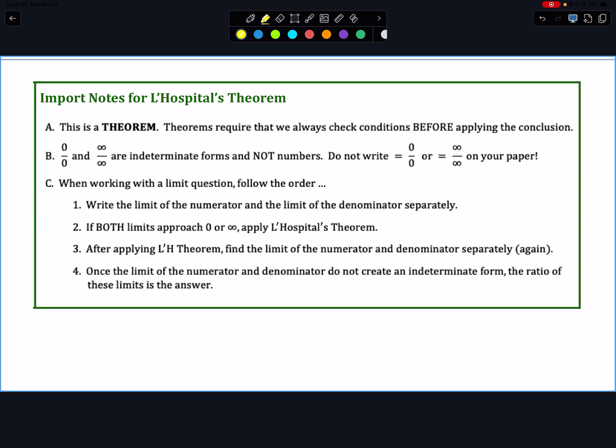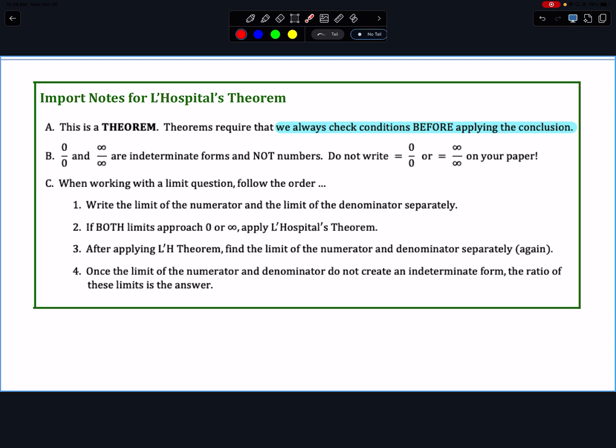So understand that this is a theorem. Theorems require that we always check the conditions before applying the conclusion. So kind of like the MVT, we had to say that f was what? Continuous and also differentiable, okay? For the IVT, you learned that you just have to say it's continuous, and then you have to do the other initial conditions, okay?